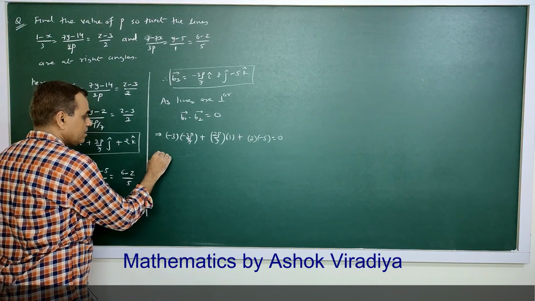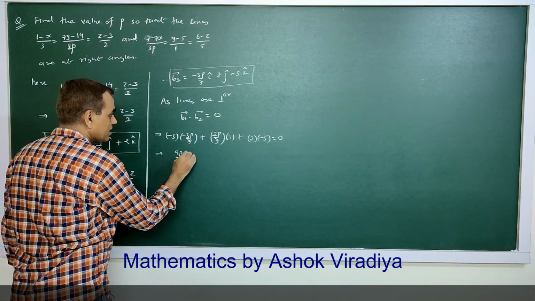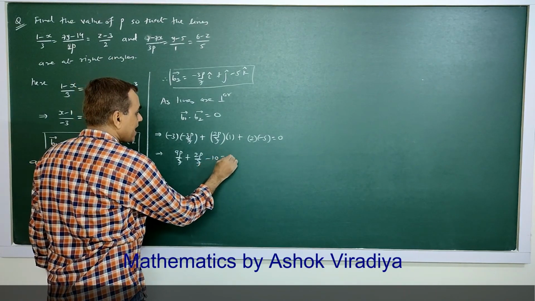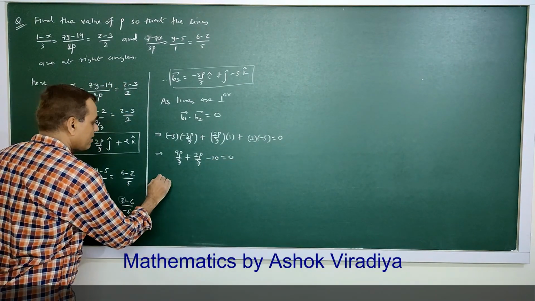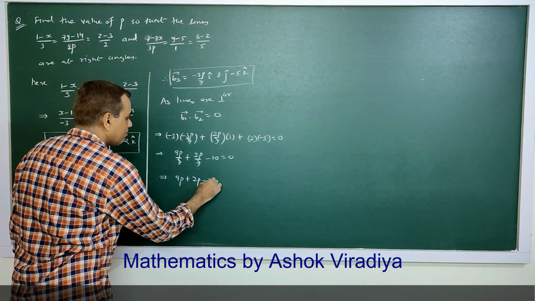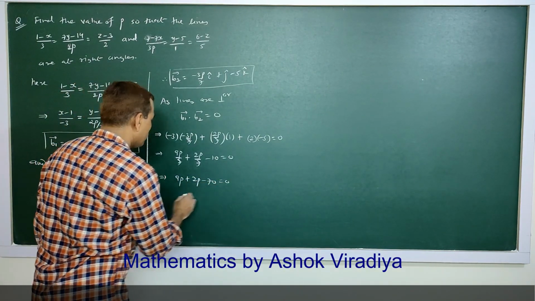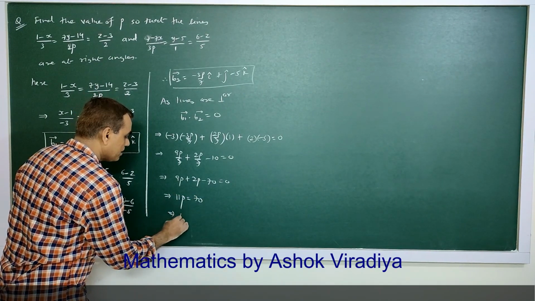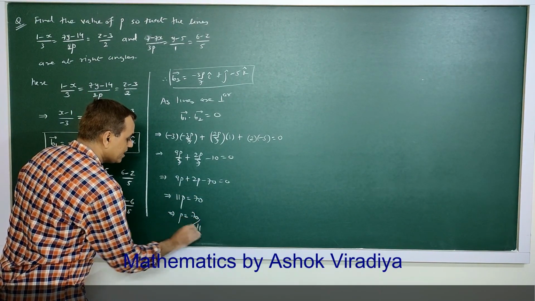That means this is 9p by 7 plus 2p by 7 minus 10 is 0. Therefore 9p plus 2p minus 70 is 0. So 11p is 70. So p is equal to 70 by 11.